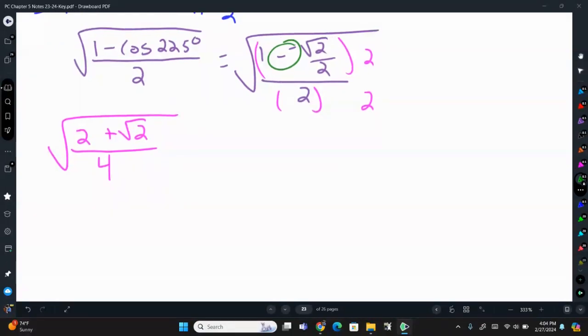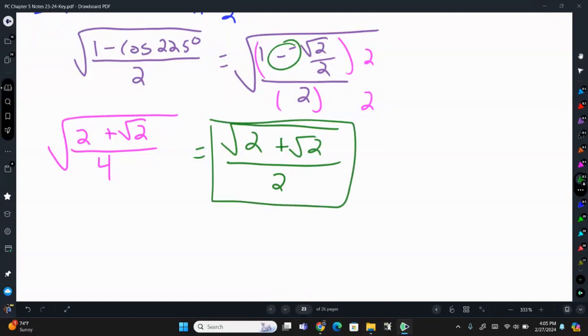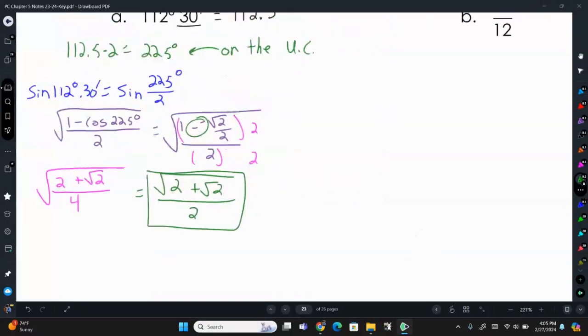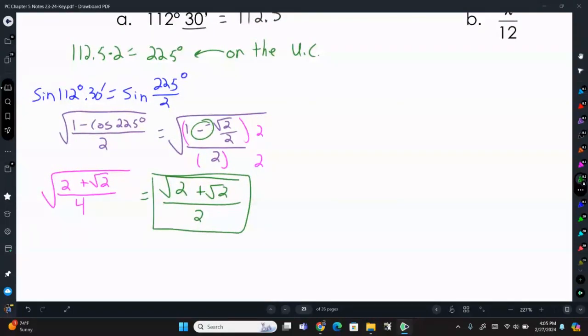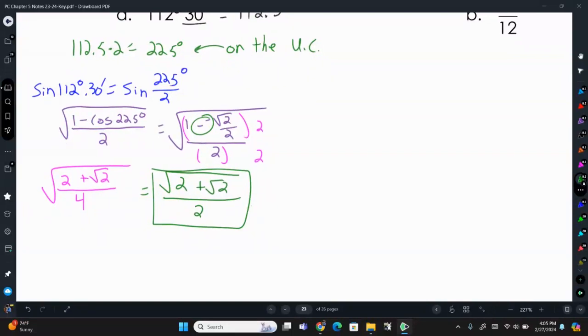Well, we can't take the square root of the numerator, so that's just going to stay the square root of 2 plus the square root of 2 over the square root of 4, which is 2. So that is the exact value of the sine of 112.5 degrees, or 112 degrees and 30 seconds. That's our exact value. And we used the fact that 225 degrees is on the unit circle.